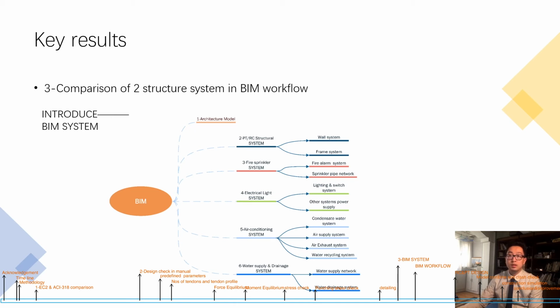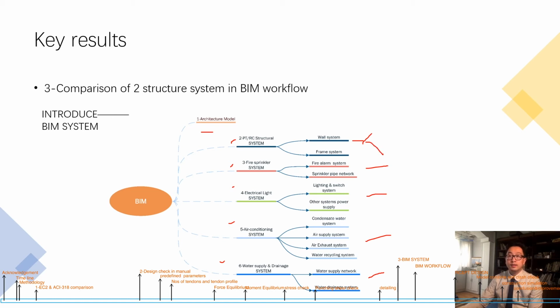In my design, the BIM system contains the architecture model, PT and structure system, fire distinguishing system, electrical lighting system, air conditioning system, and drainage system. Under each system or model, there are still some sub-models and subsystems.